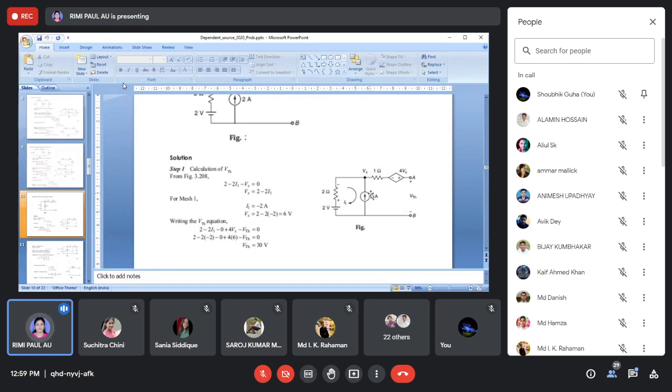Now the 2 ampere and this branch current would be another, but here we have to find out the VTH. VTH means this Vx is equal to this branch voltage plus this branch voltage, right? So you have to solve this problem.